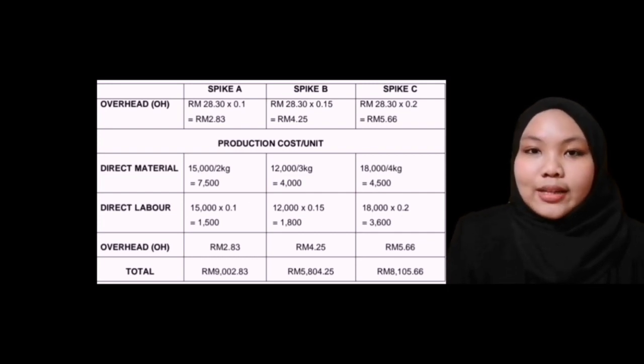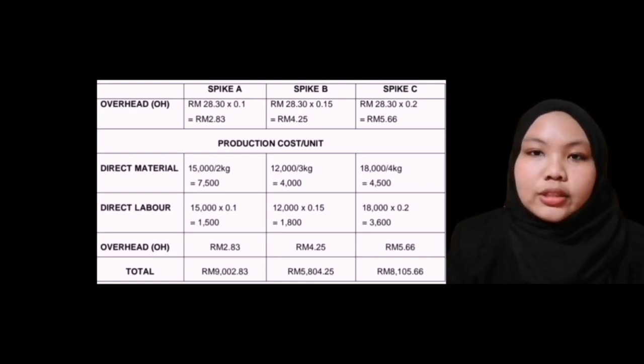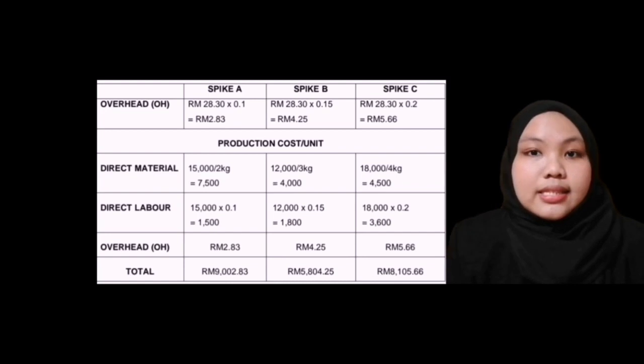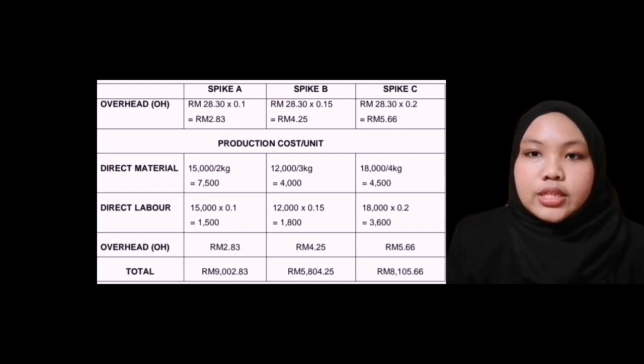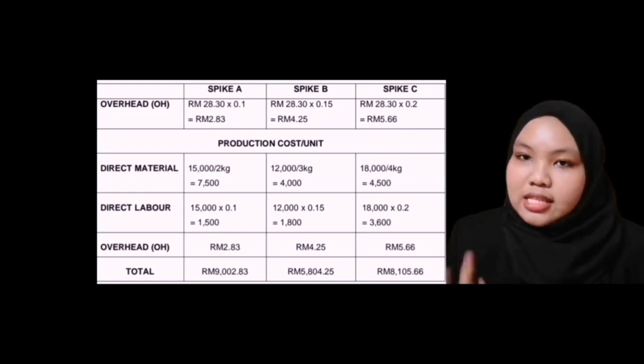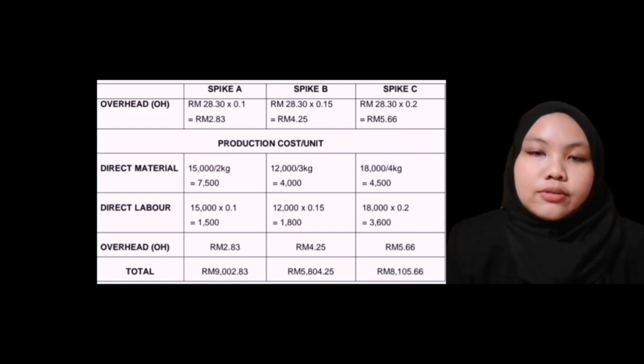After that, to find the production cost per unit using traditional absorption costing, we need to find the total of the direct material, direct labor, and overhead. The direct material we get from the total production and sales for each product, Spike A, Spike B, and Spike C, divided by the raw material usage in kilograms per unit.